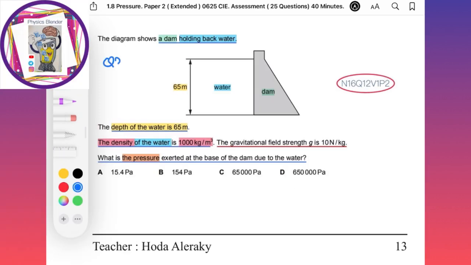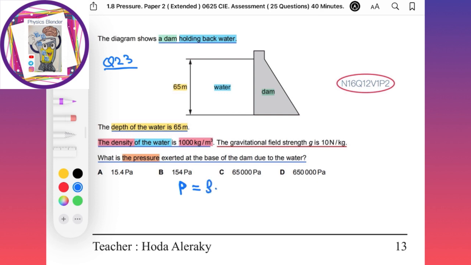Question 23, you have a diagram showing a dam holding back water. Depth of water is given in meters, density of water is given, gravitational field strength is given. You have to calculate the pressure exerted at the base of the dam. Back to pressure due to liquid, calculated using the equation.